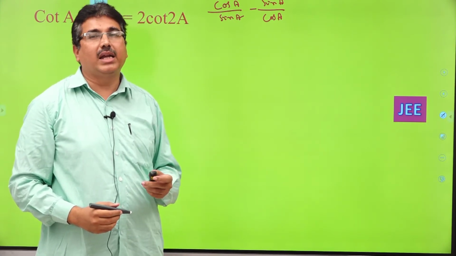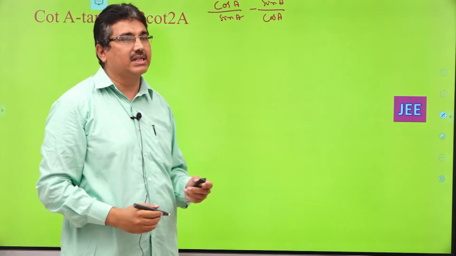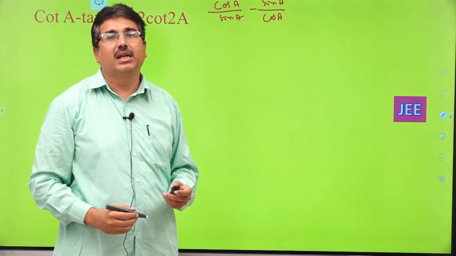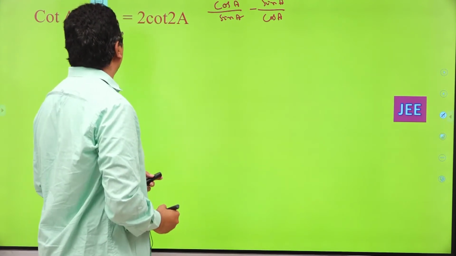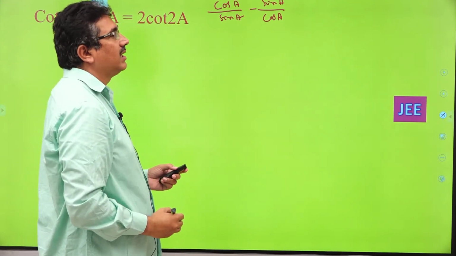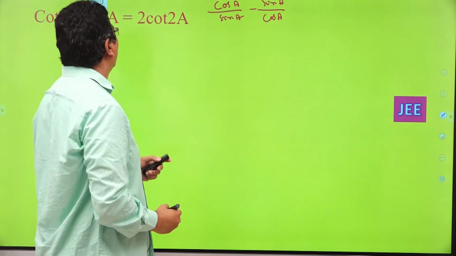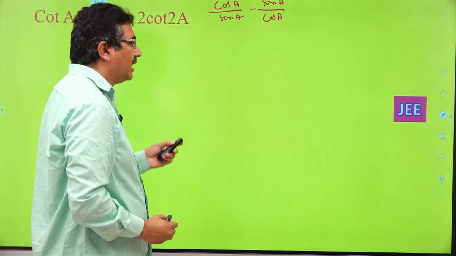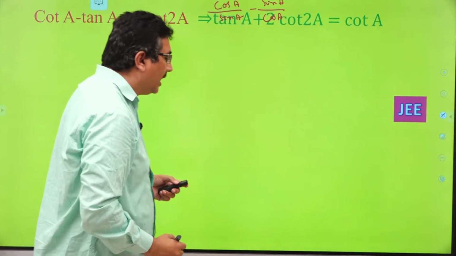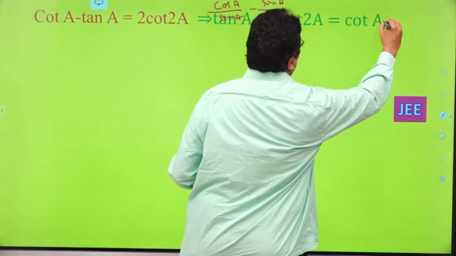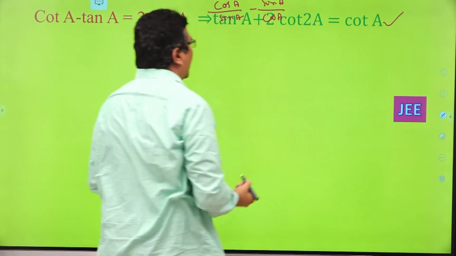Now multiply and divide by 2, we get cot A minus tan A is equal to 2 cot 2A. That implies tan A plus 2 cot 2A is equal to cot A. Okay, right.